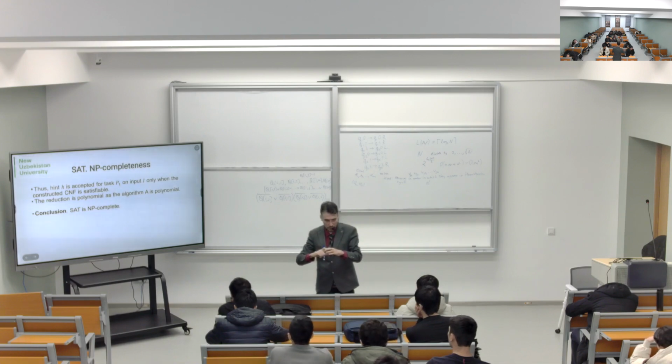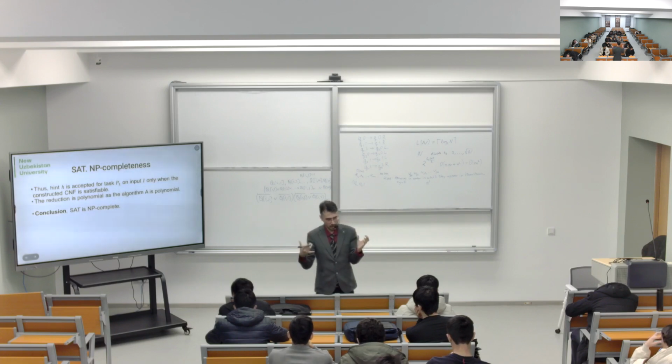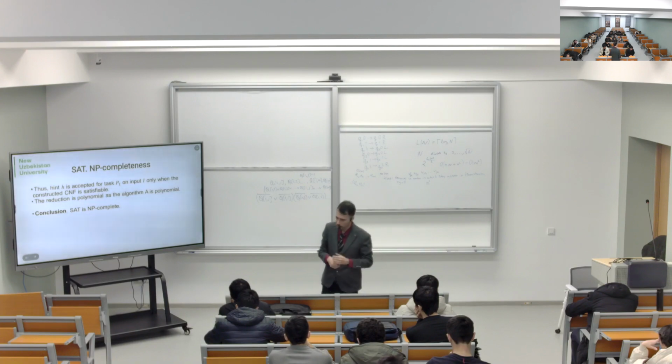But after that, we just need to prove that SAT is reducible to one problem, and that's all. So if we can solve SAT using another algorithm, and this algorithm is also NP, then it is NP-complete. So other steps will be much easier. The first step was very hard, and they did it like that, but other steps are much easier.